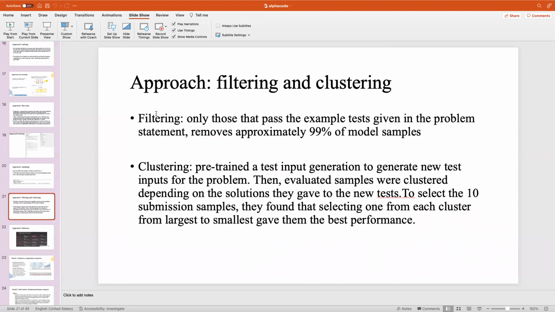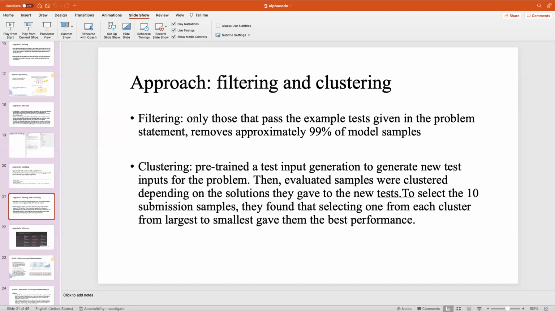So the filtering just passes those example inputs to the candidates and checks if the output is the same as the example outputs. This step is actually very effective. It removes approximately 99% of the model samples. So after this step, we only have around 1,000 samples left.